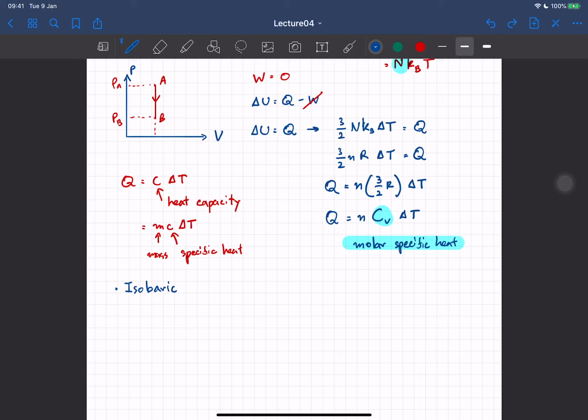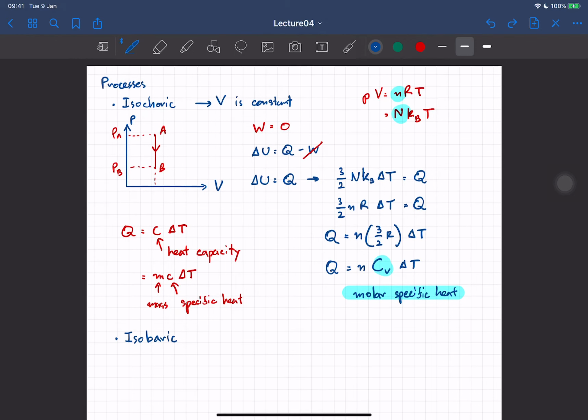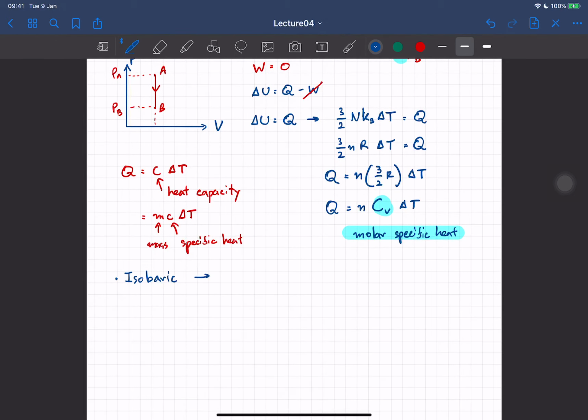Okay, so the one that gives you the weather forecast every day, like high pressure, low pressure, we use a barometer to measure that. So iso means constant, right? Doesn't change, the same. So in this case, isobaric, well, you can guess that it probably just means the process in which P is constant.